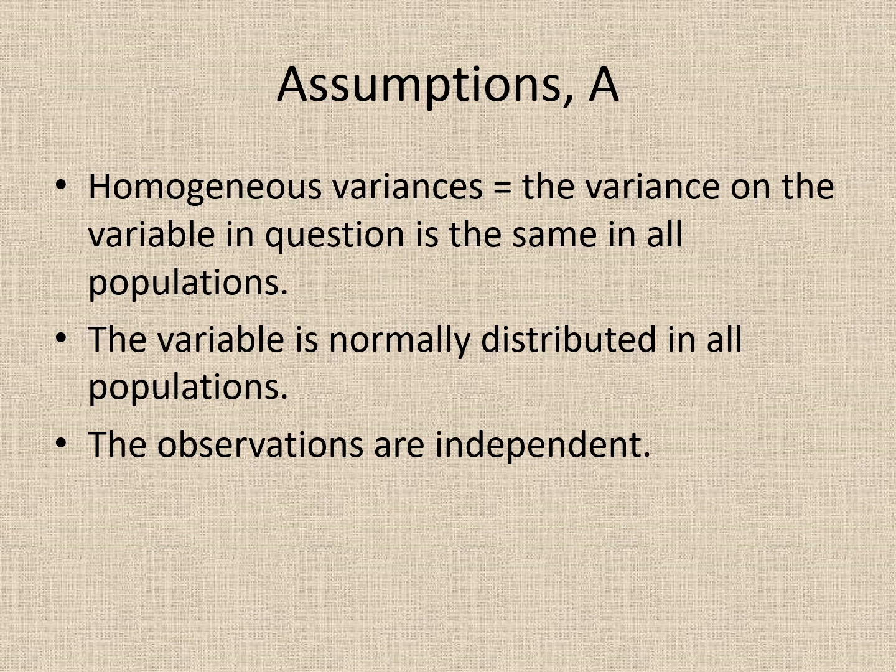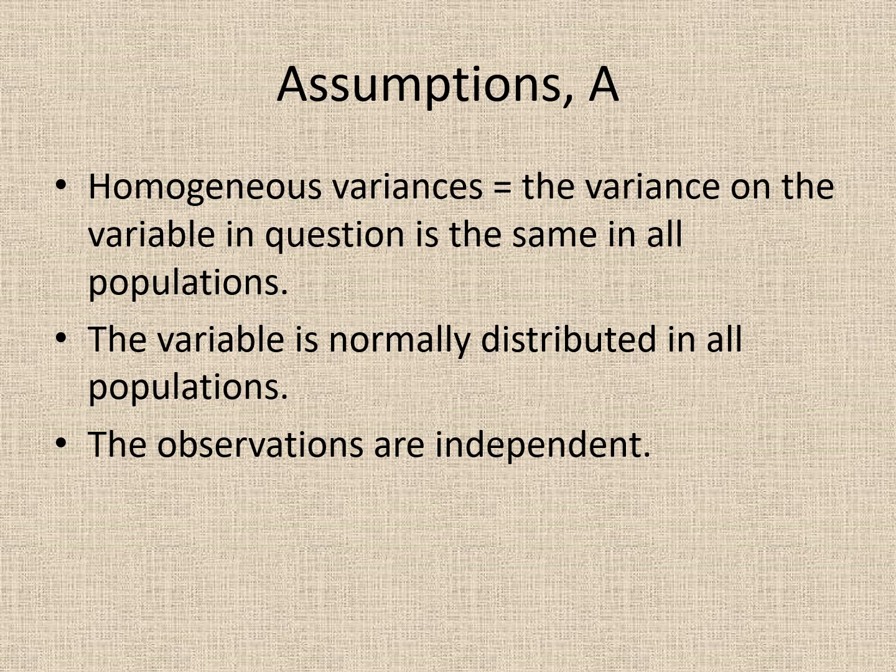So in the populations, we don't want to have large variance in some population and small variance in others. Because then the algorithm doesn't function as it's supposed to. It's based on this assumption. And also that the variable is more or less normally distributed in all populations. That's also an assumption that the calculation is based on. If those are not fulfilled, we can't trust our results as much.